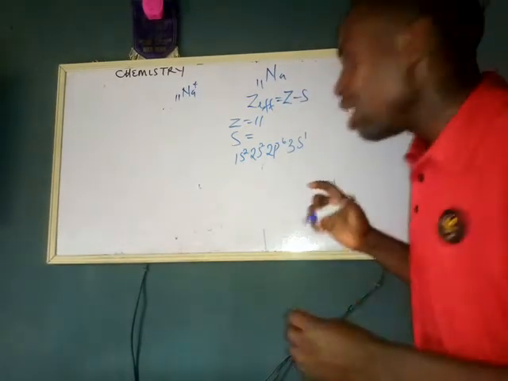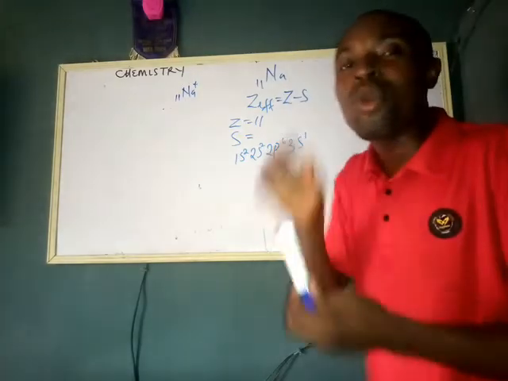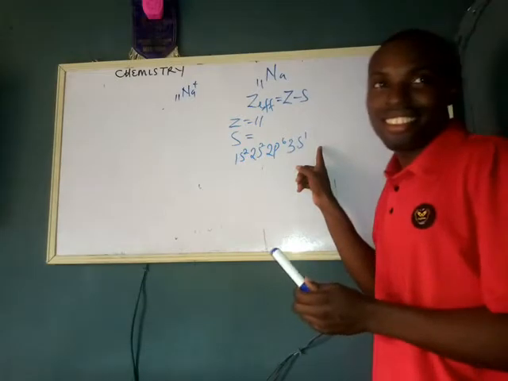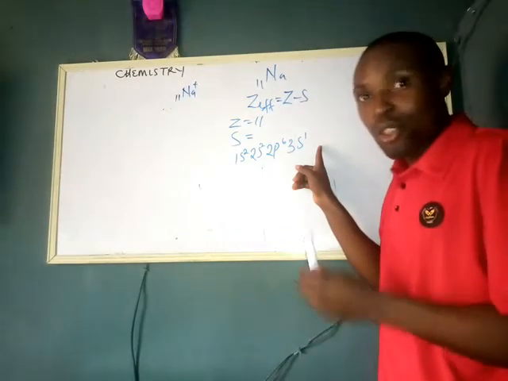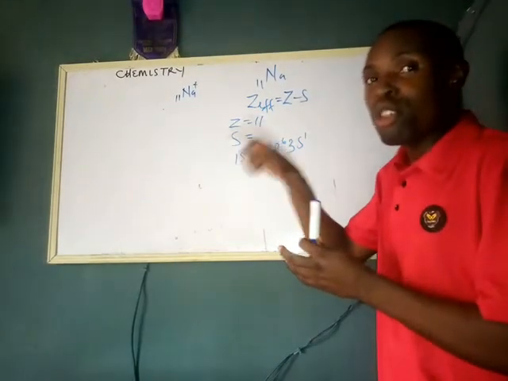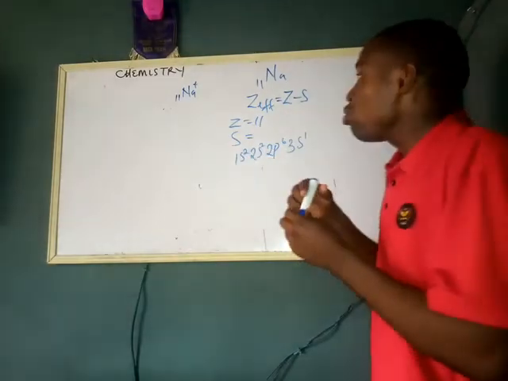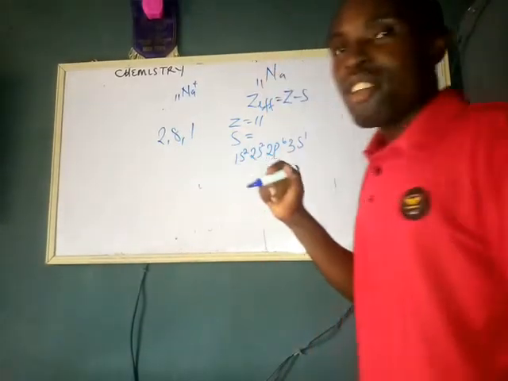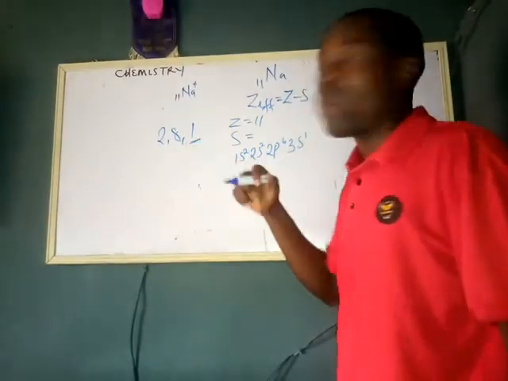Now please take note. The valence electron for sodium atom is 1. No longer like the other one before, because sodium belongs to group 1. And if I have to make use of the normal shell method, which is 2, 8, 1, you find out that the valence electron of sodium is 1.